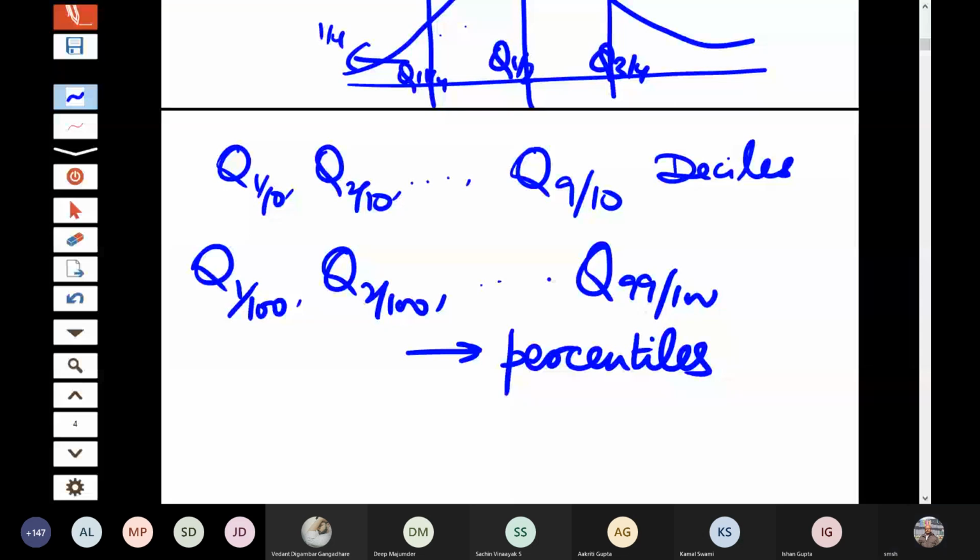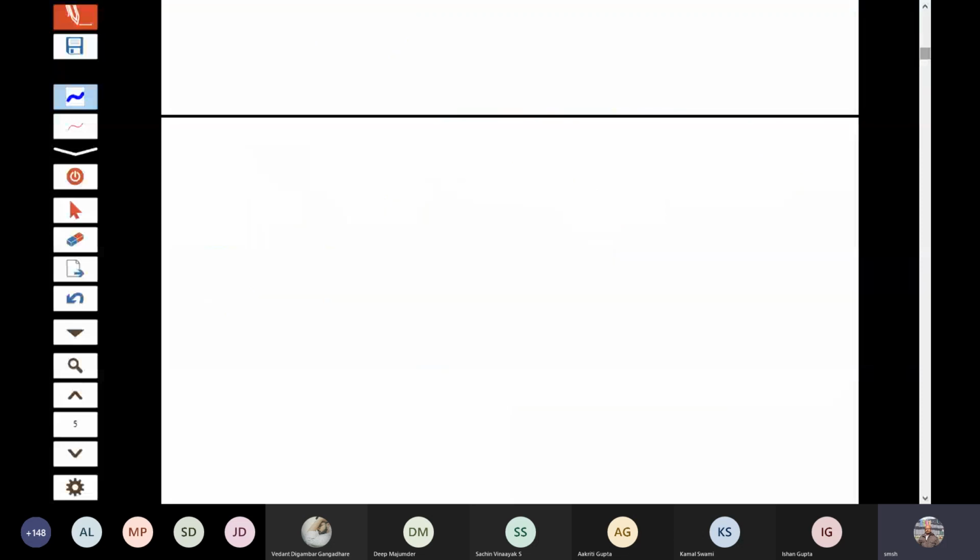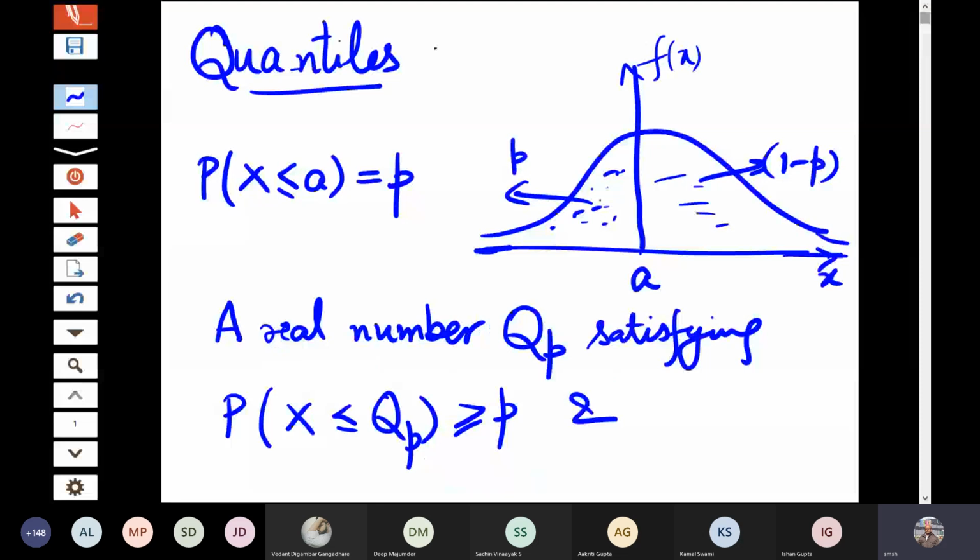However, these quantiles give exact locations on the distribution, finding the point which divides it into certain portions: up to this you have this much percentage of the population, above this you have this much percentage of the population.